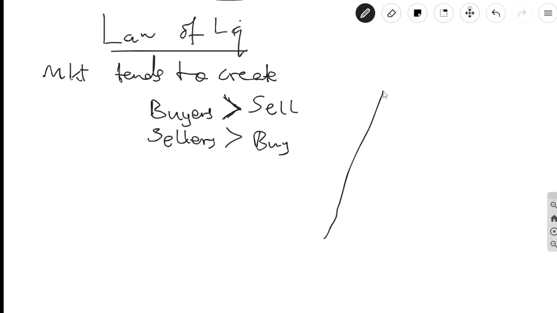Although we have this move in the market where price just goes up and doesn't perform any pullback, in order for the price to go all the way up, it needs sellers, because in this move we see buyers in control, right?